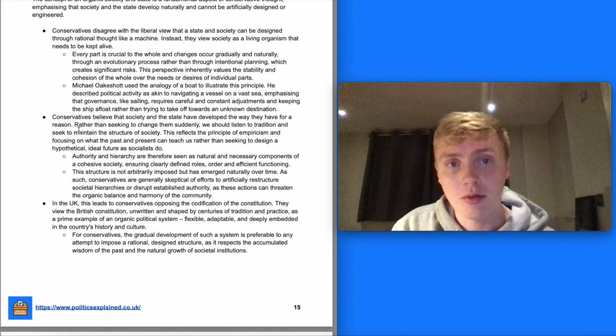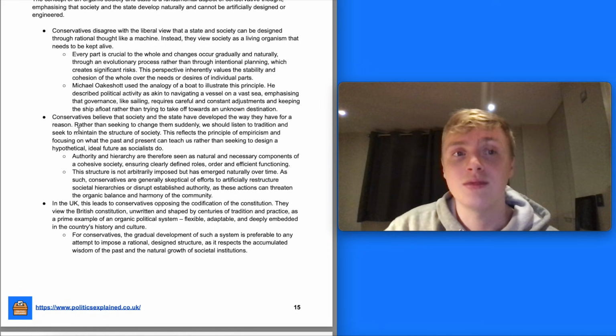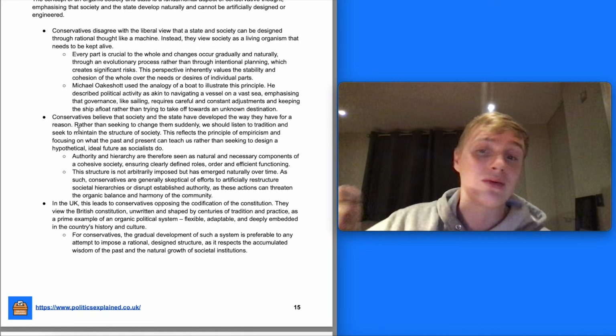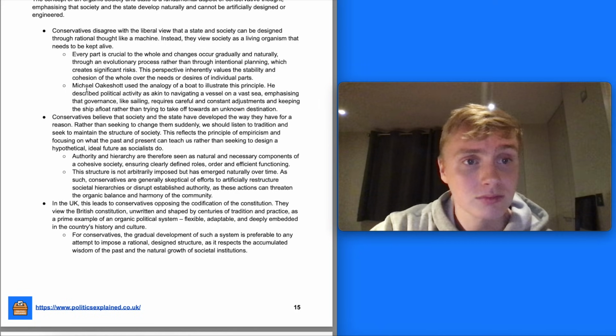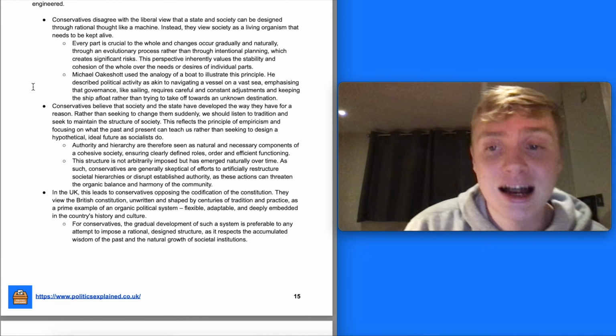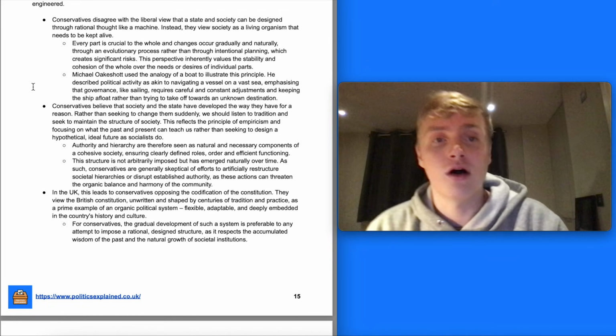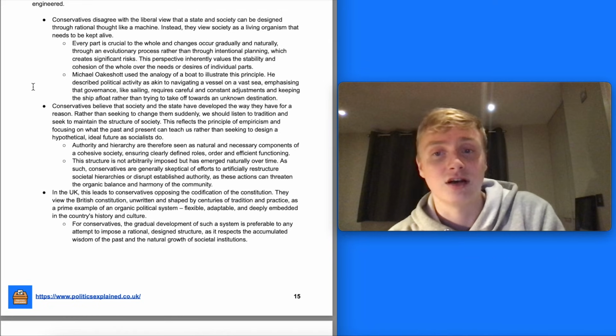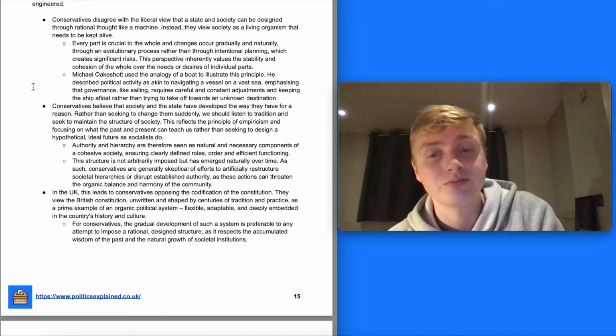Instead, they view it more as a plant, as a living organism that needs to be kept alive, and that we don't necessarily completely understand. Every part of it is crucial to the whole, and changes occur gradually and naturally through an evolutionary process rather than through intentional planning, as liberals or socialists advocate.